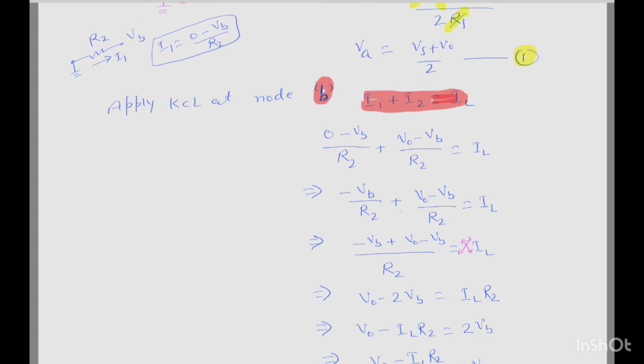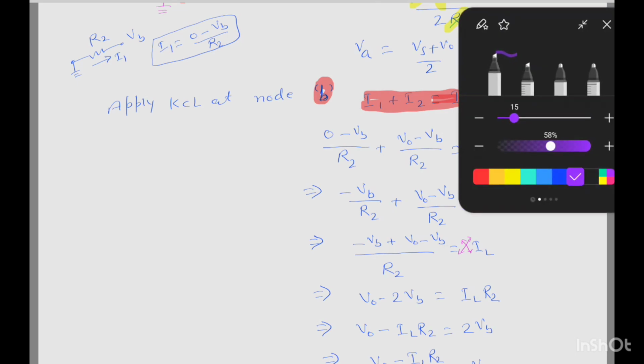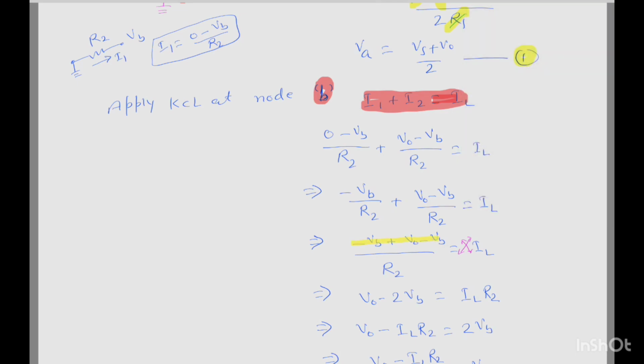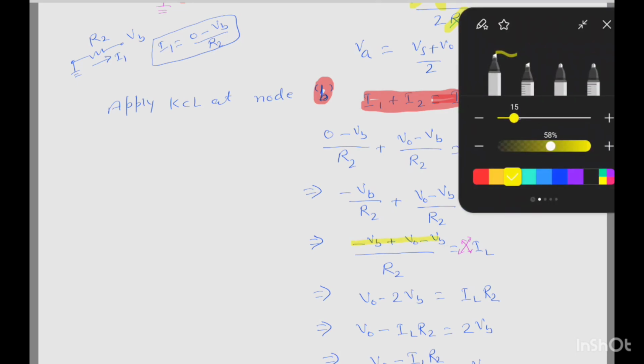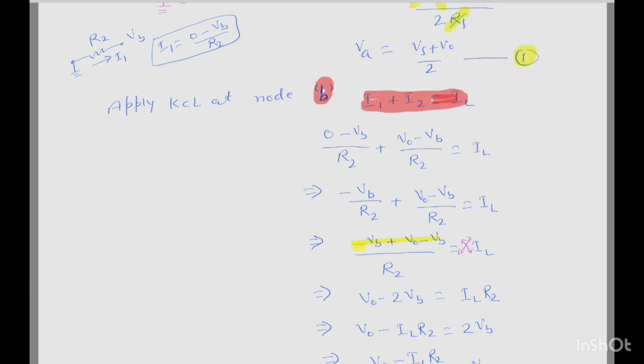Taking the LCM R2, minus VB plus V0 minus VB equal to IL into R2. After cross multiplication, minus VB minus VB is minus 2 VB, plus V0. So V0 minus 2 VB equal to IL into R2.